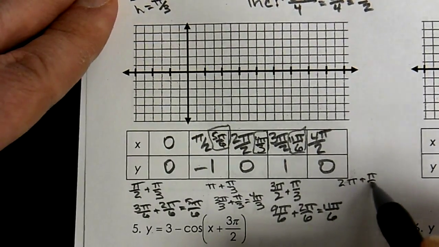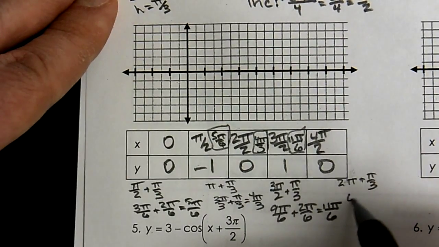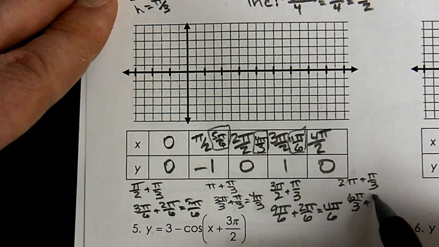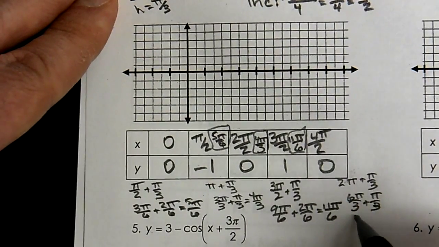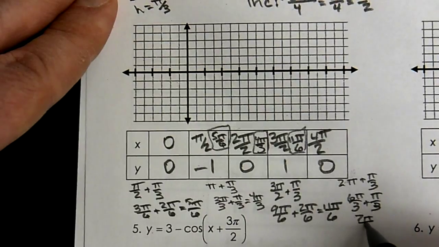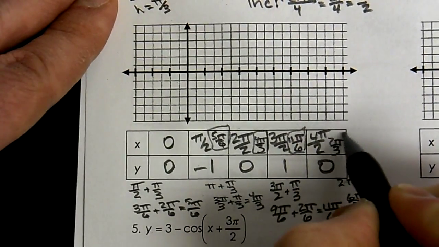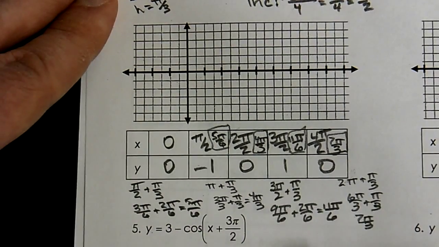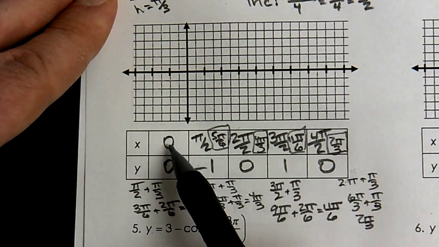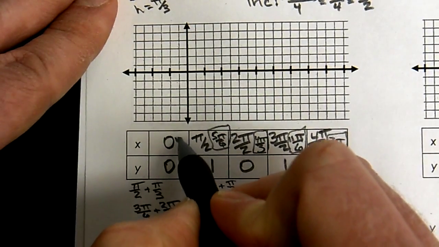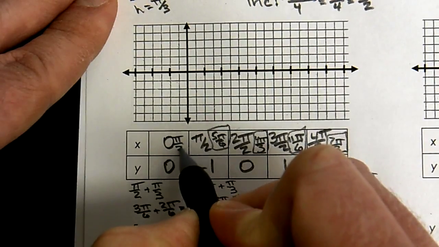Add our pi over 3. Get common denominators. And we get 7 pi over 3. And then maybe we also need to step back to 0. It's going to be translated pi over 3 to the side also. So there's our pi over 3.